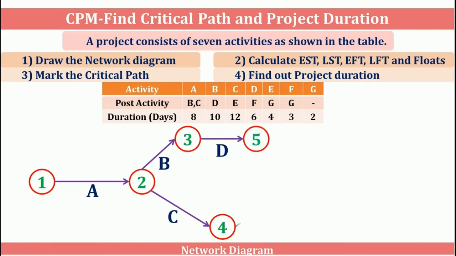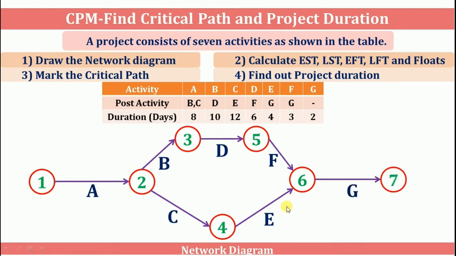Activity D and activity E. Now activity D has F as a post activity and activities E and F have post activity G. Now we will allocate duration of each activity and we will write it above the arrow.